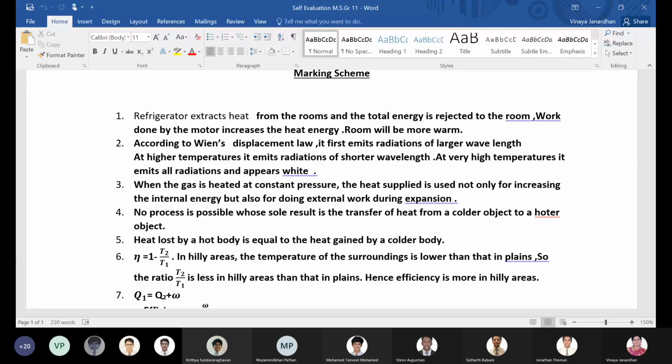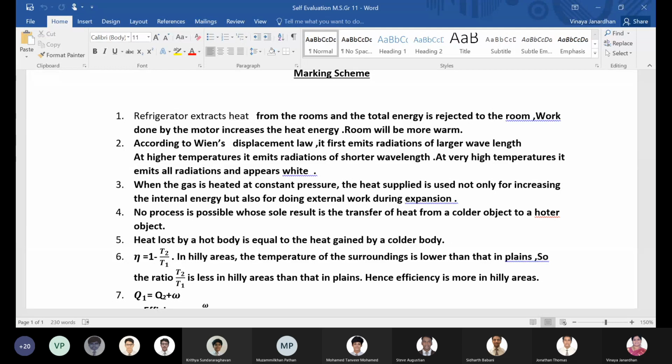See, boys, the refrigerator works on the second law of thermodynamics. Heat can transfer from a hot body to a cold body immediately. You need not do any work. If you bring two bodies, one hot and one colder, the heat will naturally move from hotter to colder, but not the reverse.